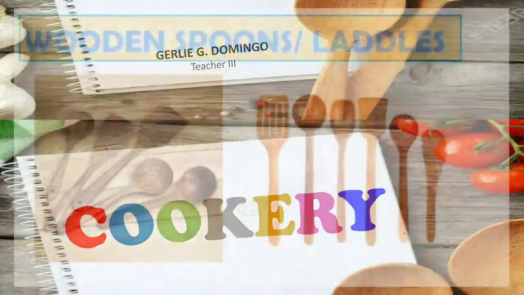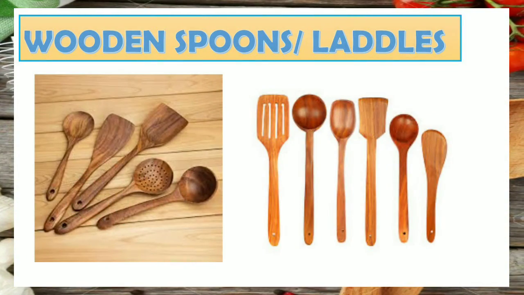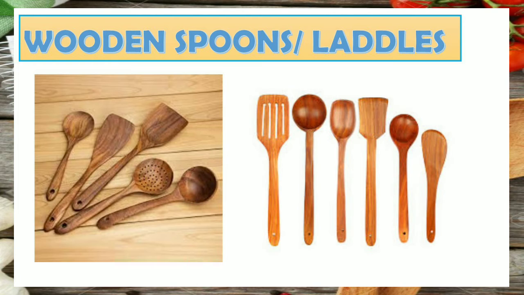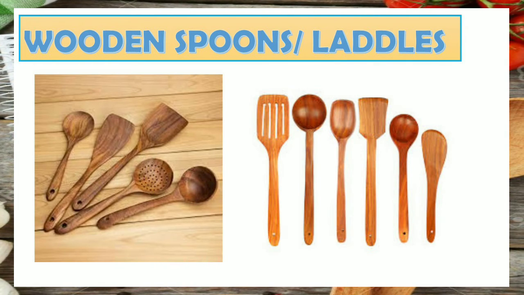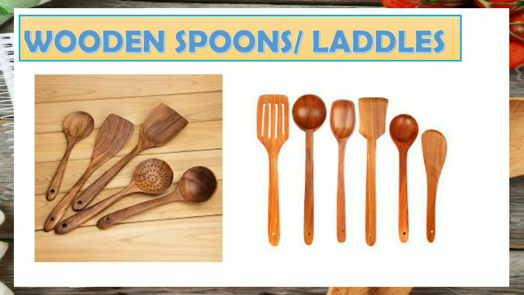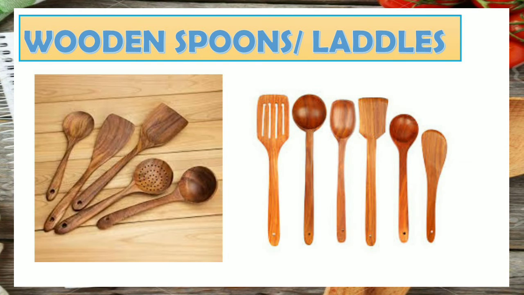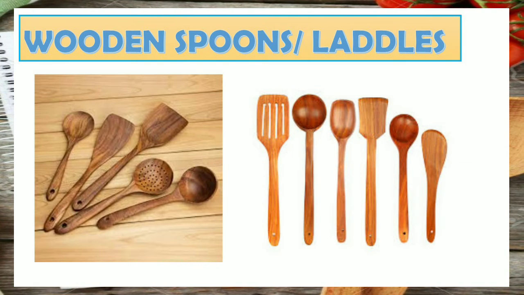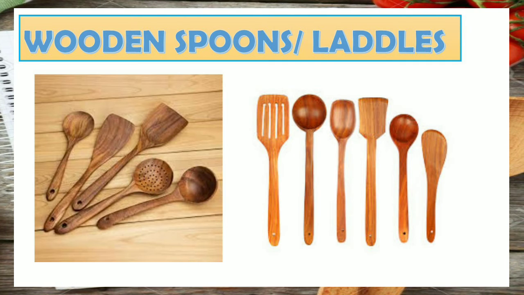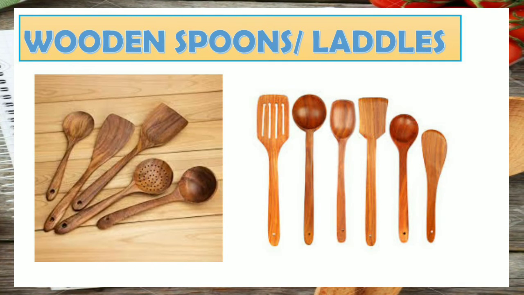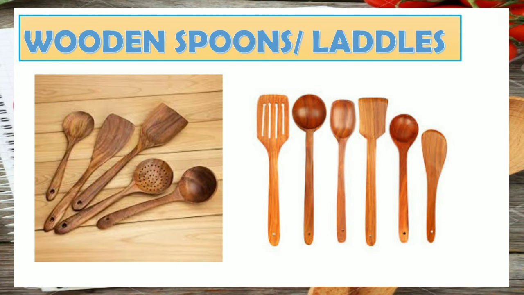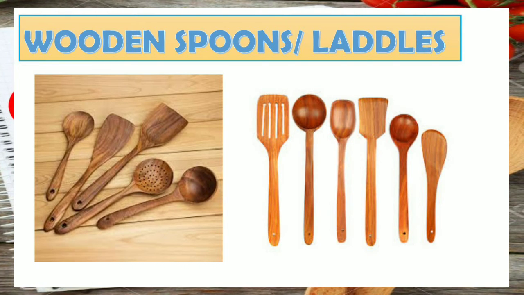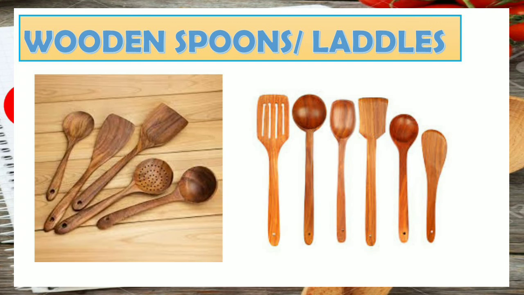Next are the wooden spoons or ladles. It is a hardwood used for creaming, stirring, and mixing. So we usually use this for creaming butter, using this ladle when we are using our Teflon pan.